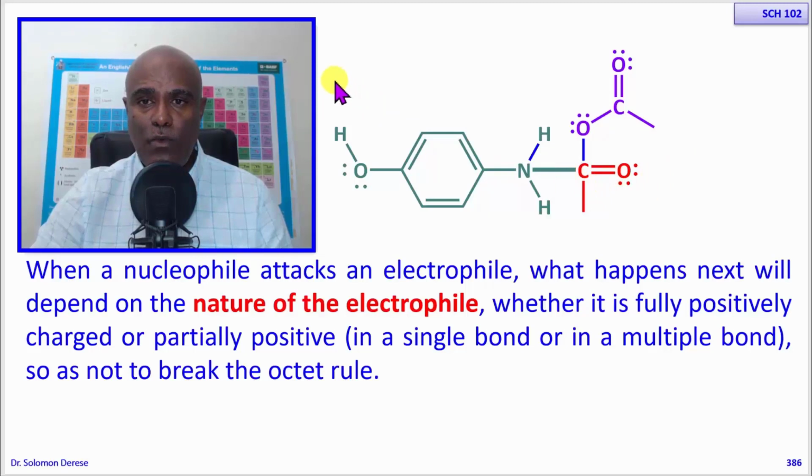The other scenario is when it is partially positive, and there are 2 possibilities: it could be involved in a double bond or a single bond. So what the next step of the reaction will be when a nucleophile attacks a carbonyl will depend on the nature of the electrophile. So we are going to see the three scenarios.